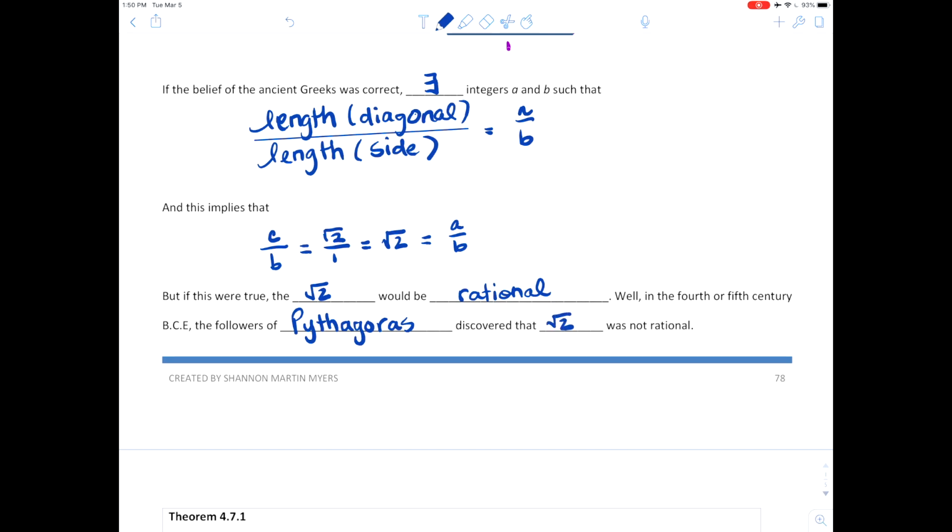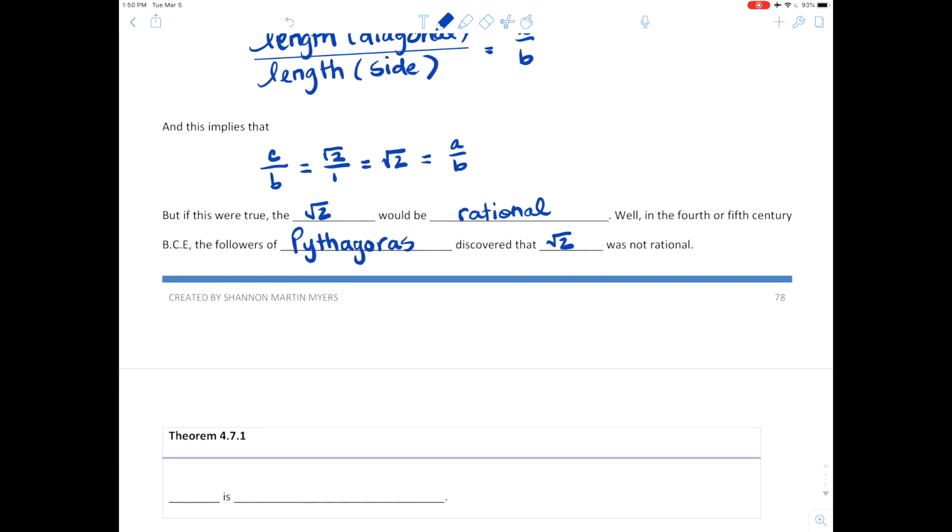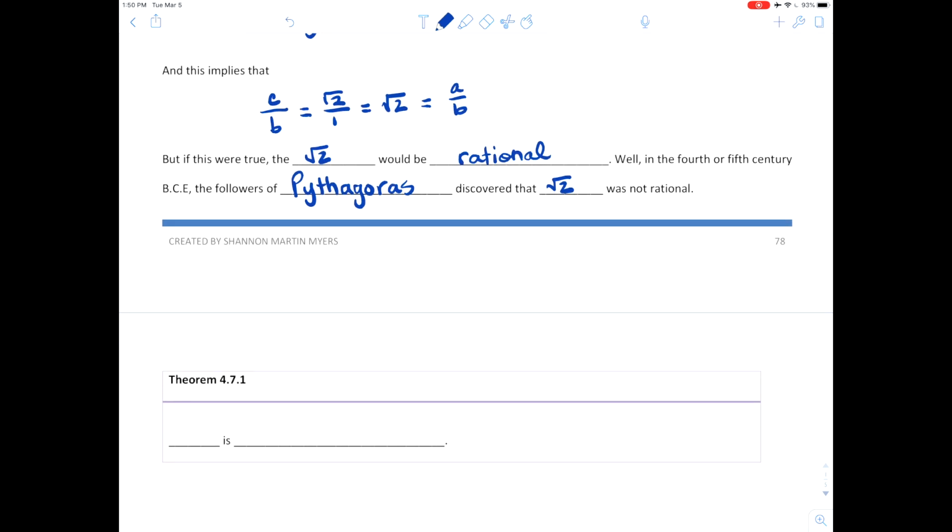And it was devastating to them because they really believed in the power of whole numbers to describe phenomena. Since this ratio for the diagonal of a square was not rational, they had to readjust their whole way of thinking. So don't be resistant to change. You might go crazy.